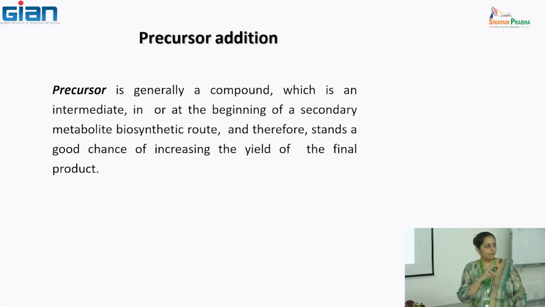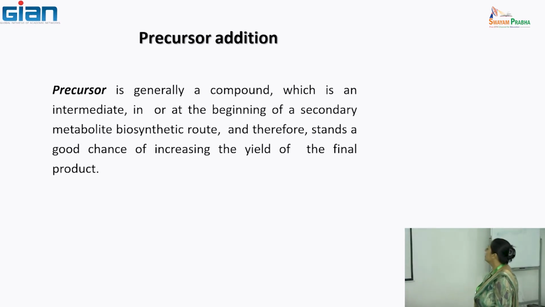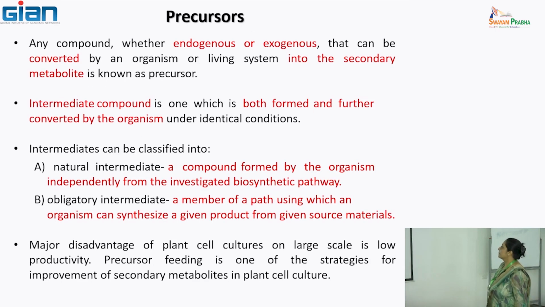So it is important to have them separately when you are optimizing precursor and elicitor. So a precursor is generally a compound which is an intermediate in, or at the beginning of, the secondary metabolite biosynthetic route, and therefore stands a good chance for product yield improvement.